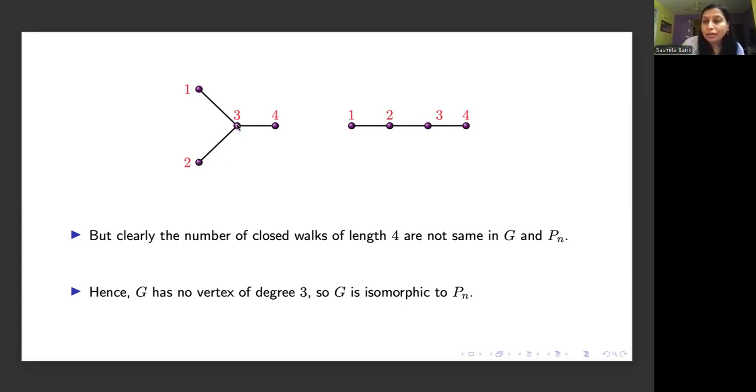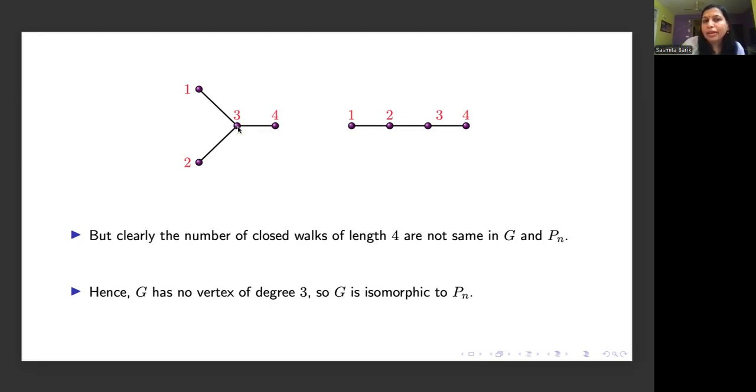Now from 3, if I see 3 to 3, then I can use this way: from 3 to 4 I'll go and then again come back and then again go and then again come back. This way I'm counting. And then you can also count 3 to 4 and then come back, and this way also you can count, but I am not counting that one. I'll just count this one.